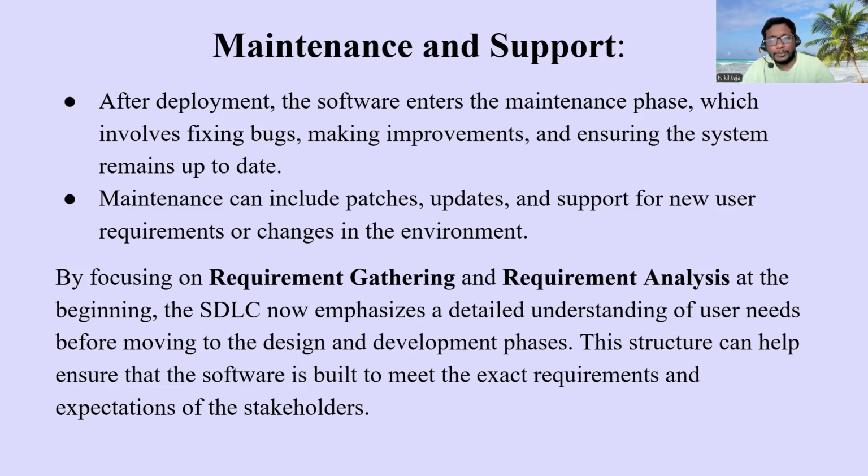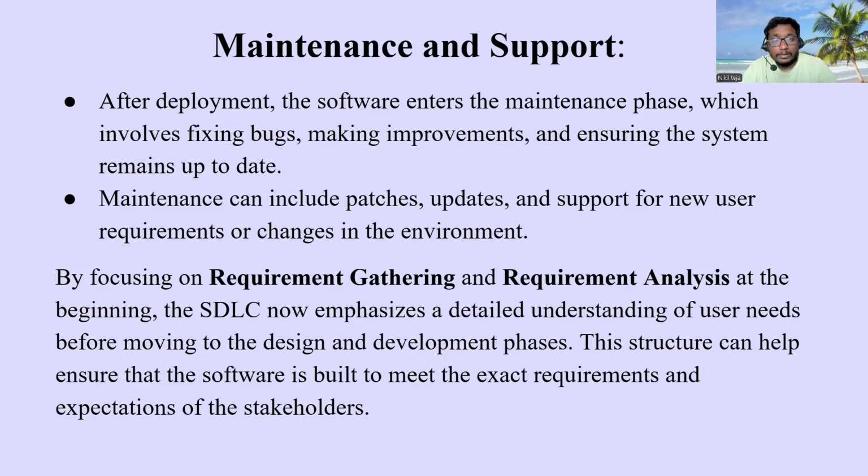Agile is nothing but making continuous improvements and iterating on the software. After deployment, the software enters the maintenance phase, which involves fixing bugs. You will be fixing bugs and making improvements in agile, based upon different agile steps, and ensuring the system remains up to date.